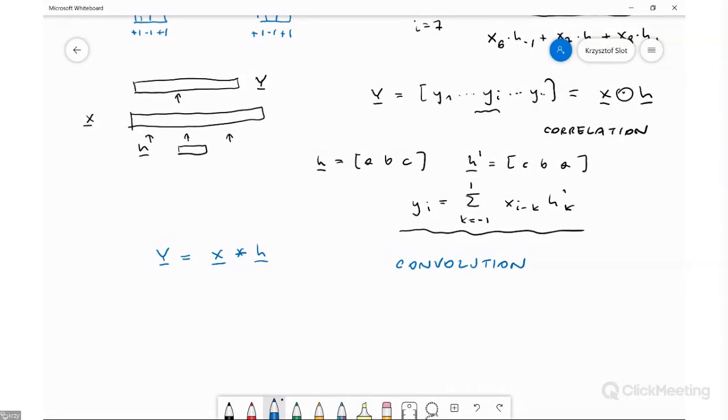And this is an operation that is exactly the same as I explained. It also involves dot products. The only difference with correlation is that prior to this operation, I'm flipping the filter, and it transforms, just like correlation, vectors onto a vector.